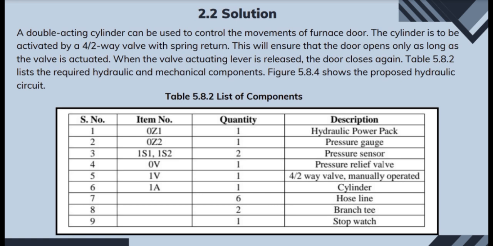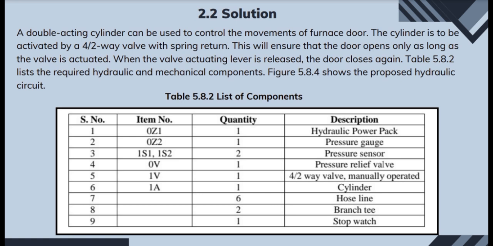So, in table 5.8.2, list of components, S number, item number, quantity and description. S number 1, item 0Z1, quantity 1, description, hydraulic power pack. S number 2, item number 0Z2, quantity 1, description, pressure gauge.